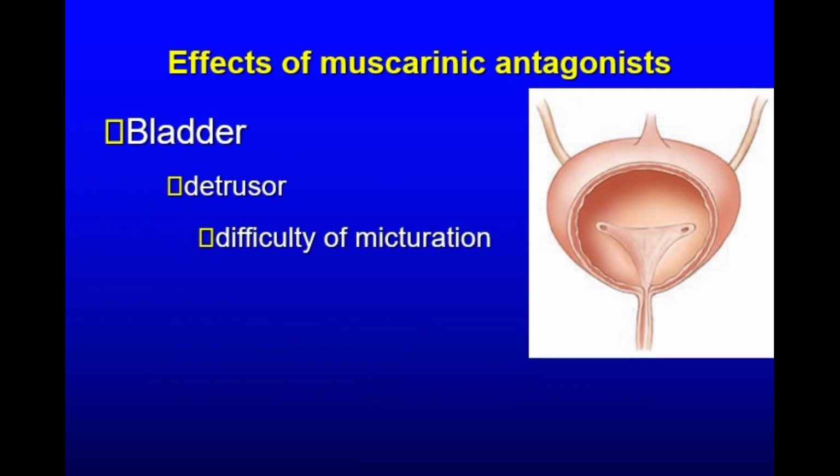On the bladder, antagonists of muscarinic receptors on the detrusor smooth muscle prevent bladder contraction and cause difficulty of micturition.